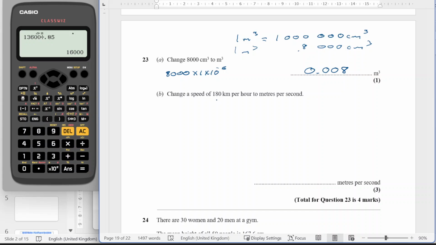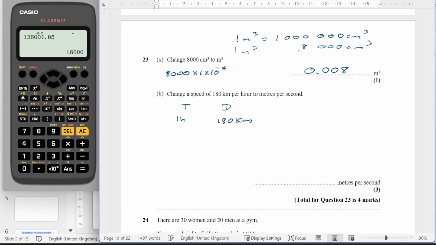Change the speed of 180 kilometers per hour into meters per second. So I'm going to use that thing again. So I'm looking at time and I'm looking at distance. So 180 kilometers in 1 hour.